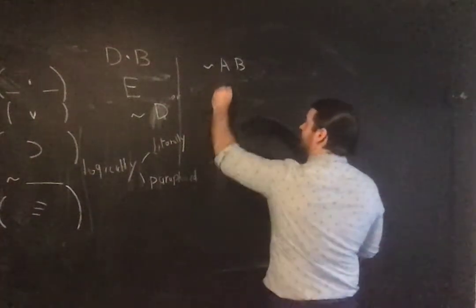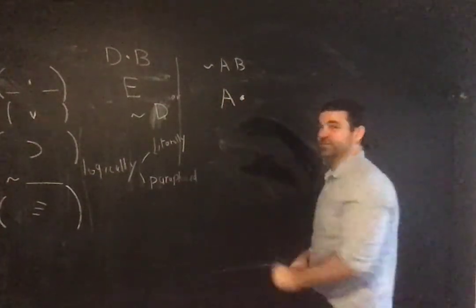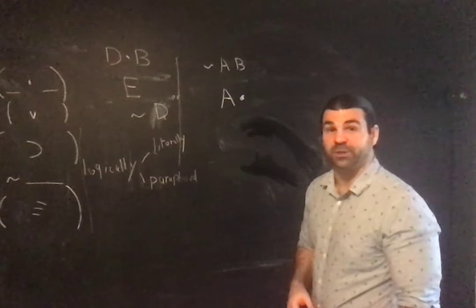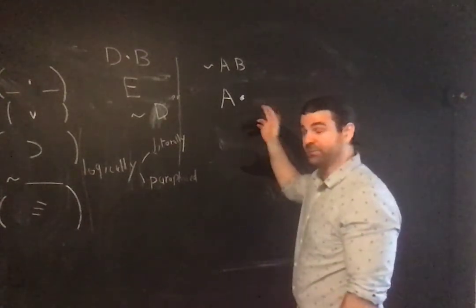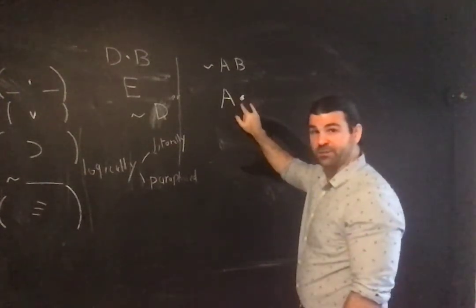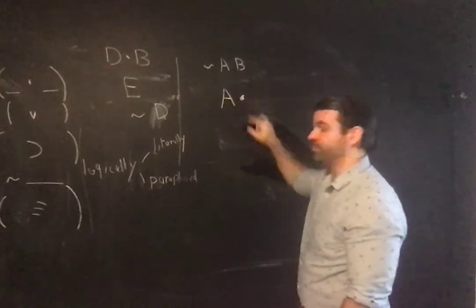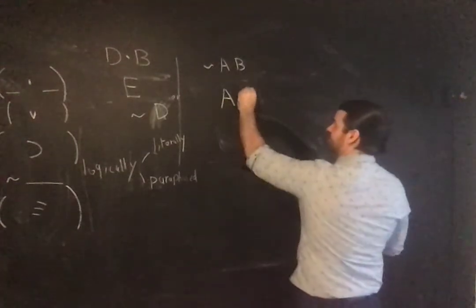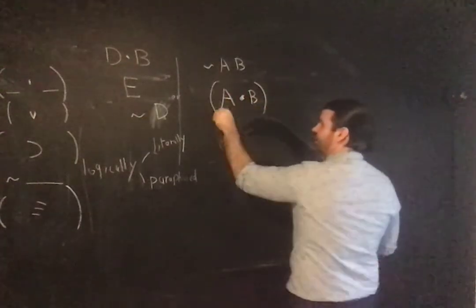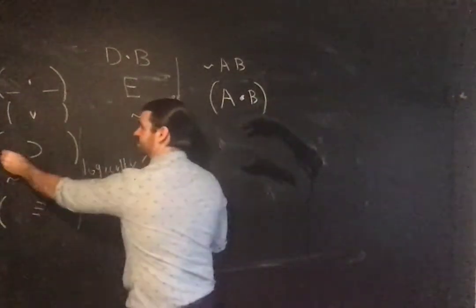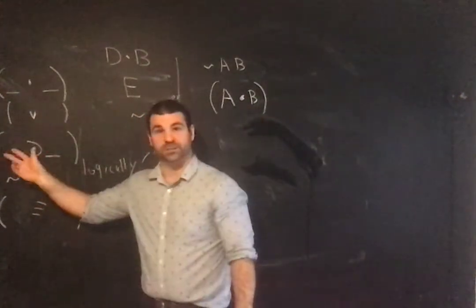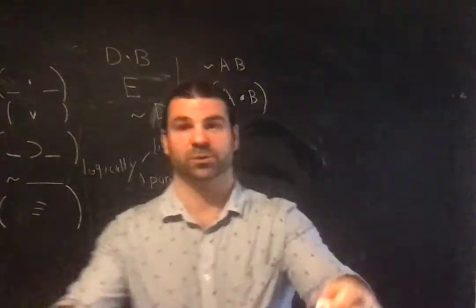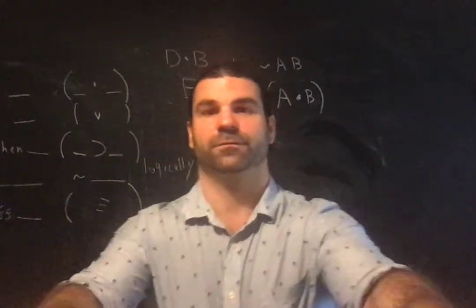Similarly, a dot alone is not a legal formula, because the dot, the conjunction, is a two-place thing. You have to have a formula on the left and a formula on the right. But this one is legal. The hook is a rule for the construction of symbols.